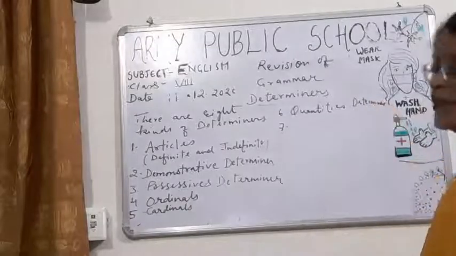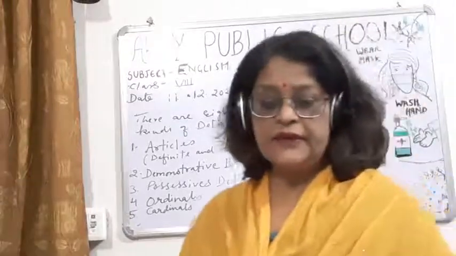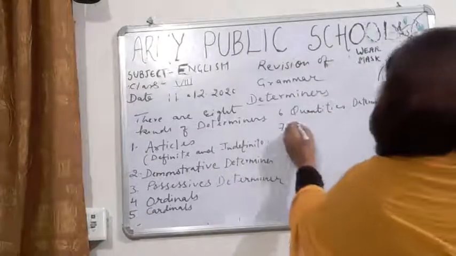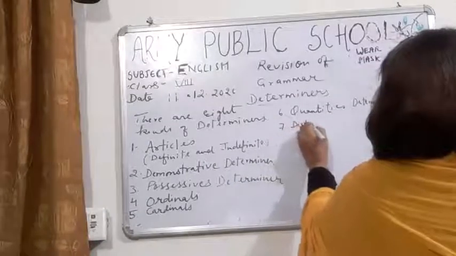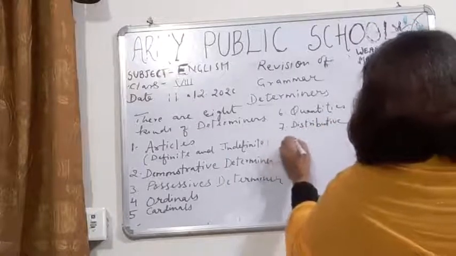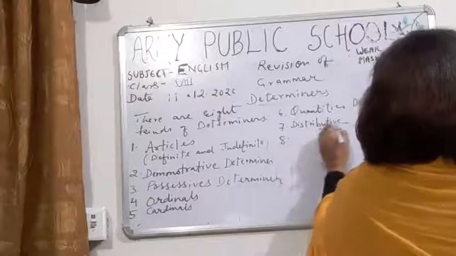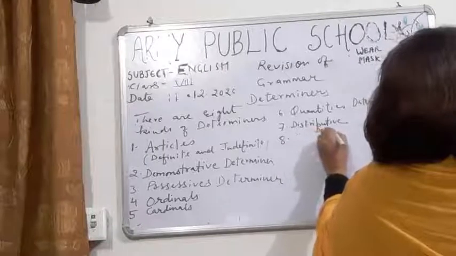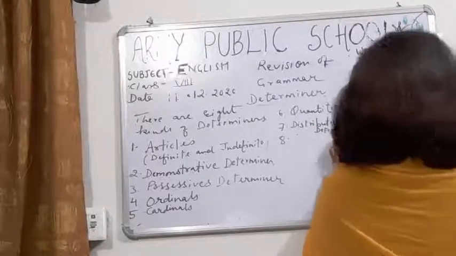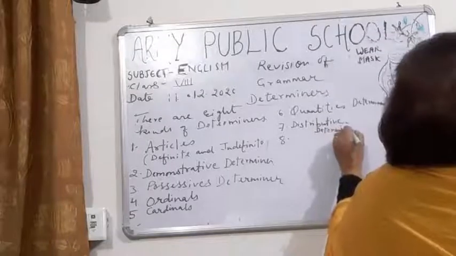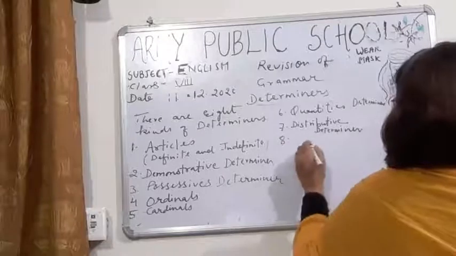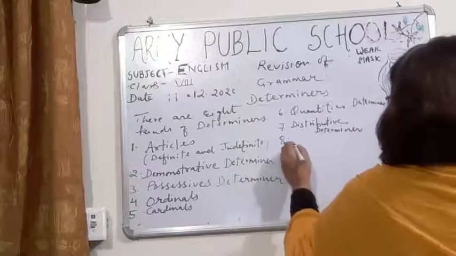This is also known as quantifiers, and then distributive and interrogative determiner. Seventh is distributive and 8 is interrogative.